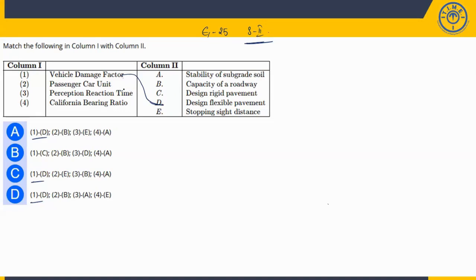It is a unit that is used to convert different vehicles to an equivalent number of passenger cars. That means you might have different types of vehicles in day-to-day life, like tractors, bullock carts, auto rickshaws, cycles, cars, lorries, etc. So everything we need to convert into a single unit. We call it passenger car unit.